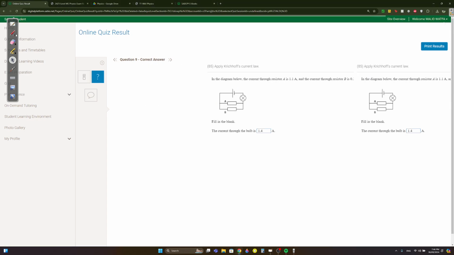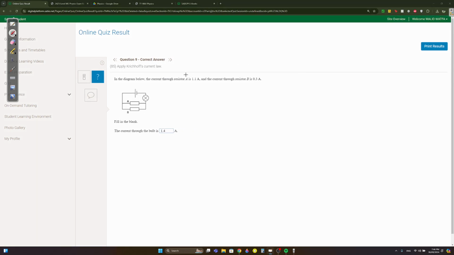Question 9. Here the current through resistor A is 1.1, and the current through resistor B is 0.3. What is the current through the bulb? Obviously 1.1 plus 0.3, but I want you to understand. We know current moves from the positive, the long one, to the negative, the short one.